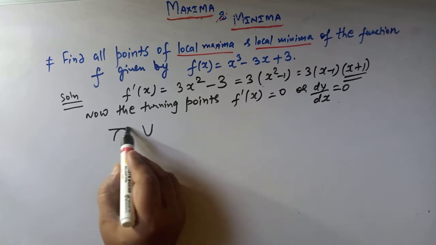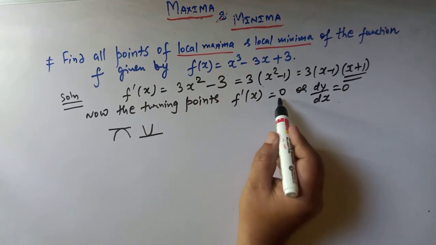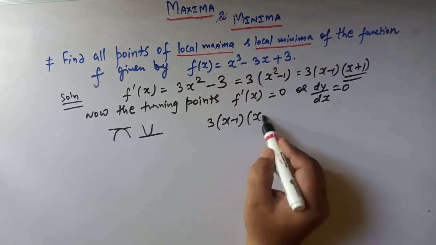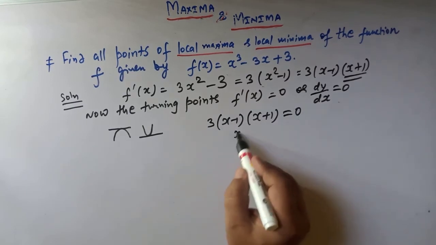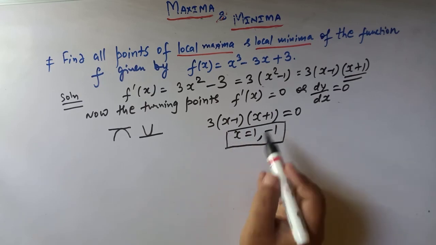So these are the turning points. So f prime of x equal to 0, so we have 3 times x minus 1, x plus 1 equal to 0, so we have x equal to 1 and minus 1. So we have two turning points here.